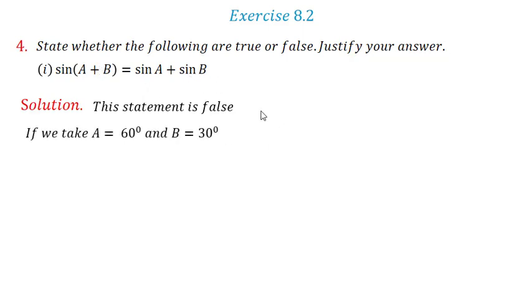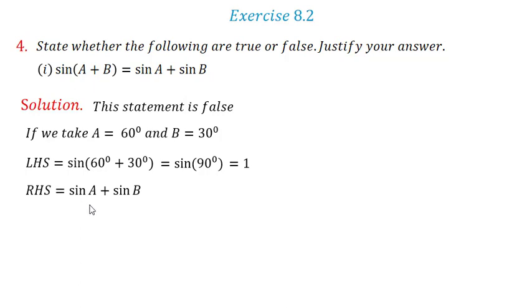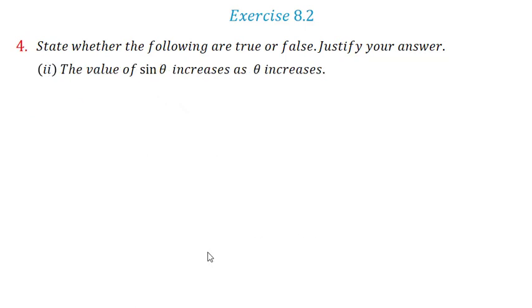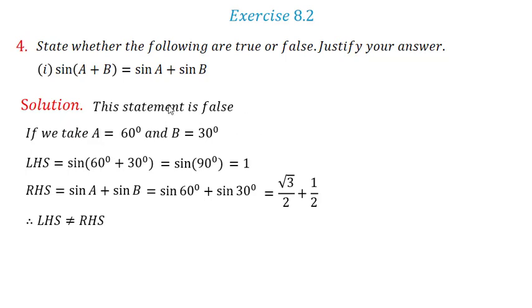So let us take a as 60 degree and b as 30 degree. Now sin (60 plus 30) is sin 90, which is 1. Here sin 60 plus sin 30. The value of sin 60 is root 3 by 2 and the value of sin 30 is 1 upon 2. So this answer is not equal to 1. So I will say that LHS and RHS are not equal, and hence the statement is false.